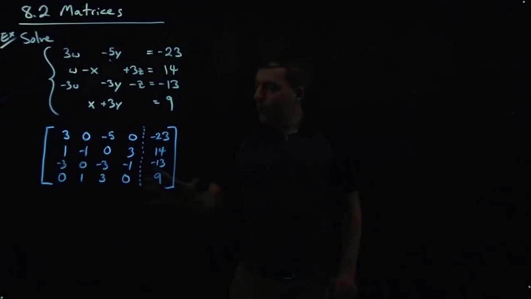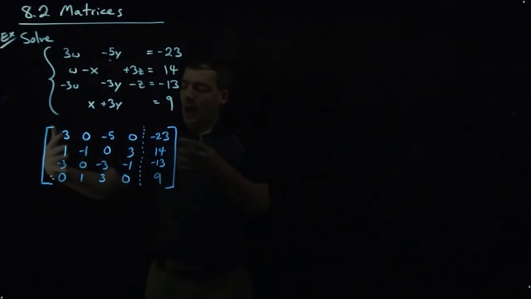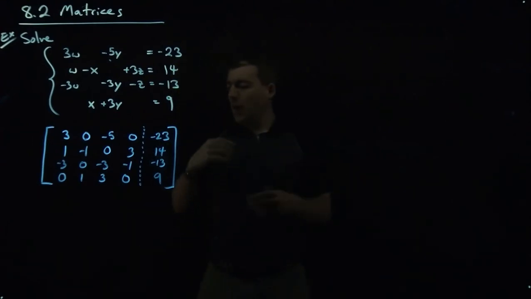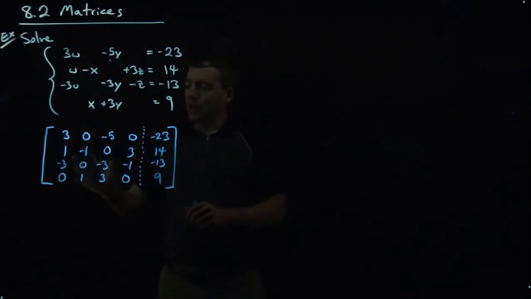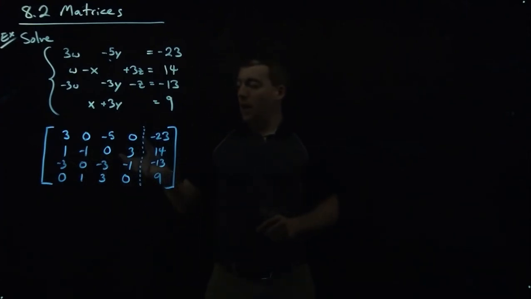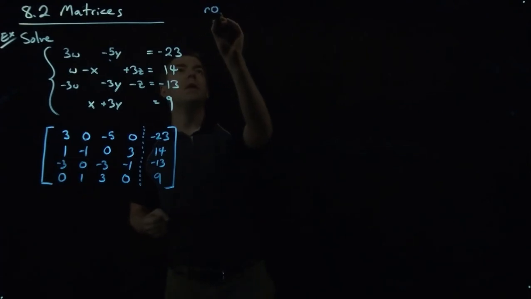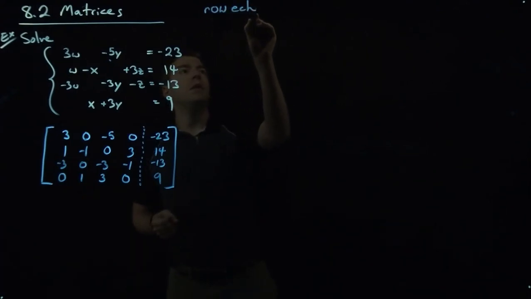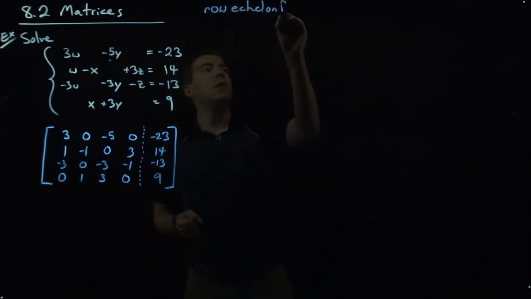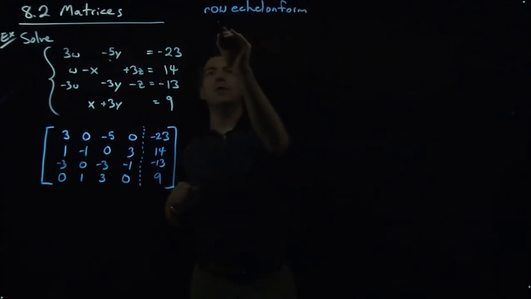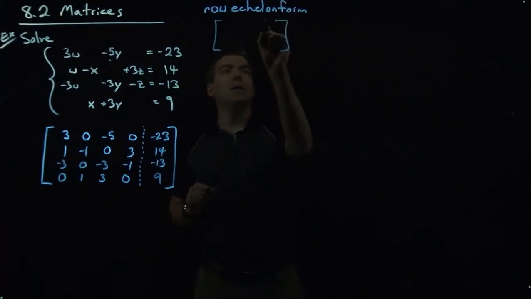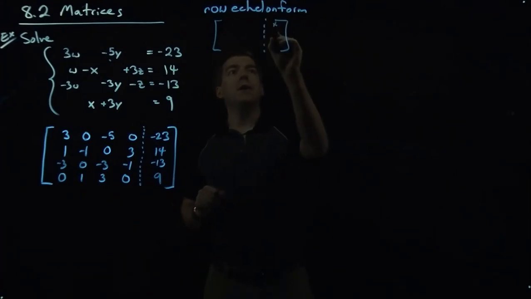Now what we're going to do is apply a series of operations called row reduction. And so we're going to get this to look like what's called row echelon form. What row echelon form is going to look like, so here we have an augmented system. We've got some numbers over here.